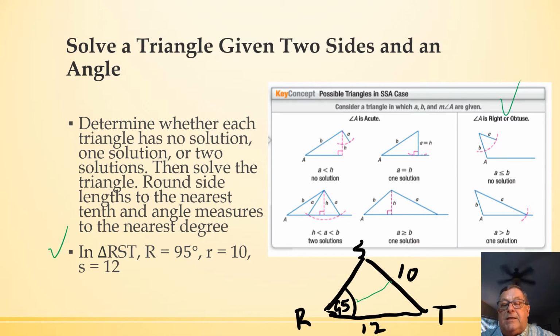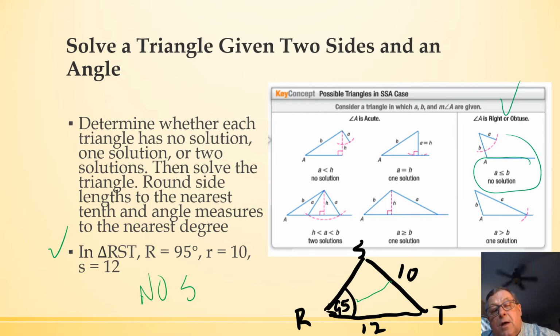In this case, the side opposite the angle is 10, and the second side is 12, so 10 is less than 12, which fits this scenario, meaning there's no solution.